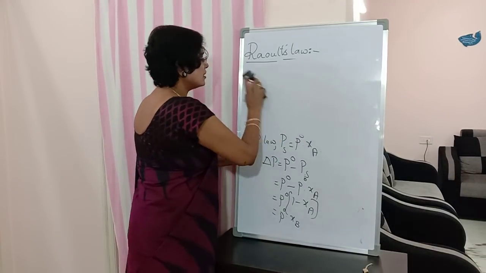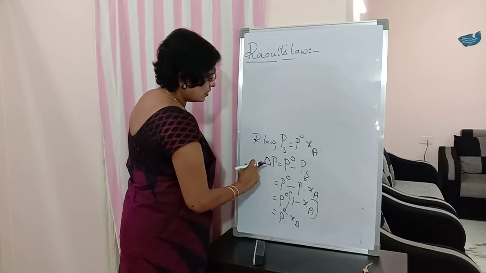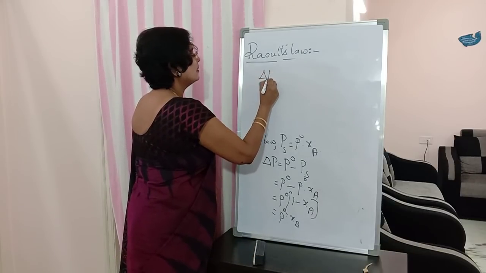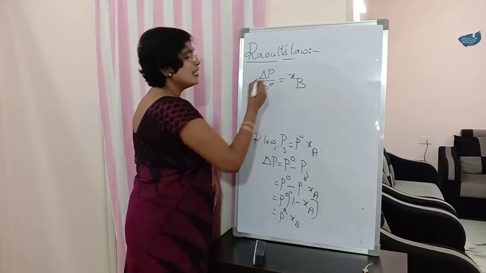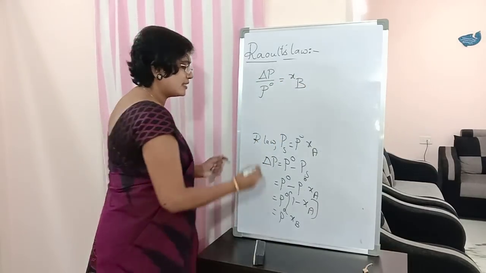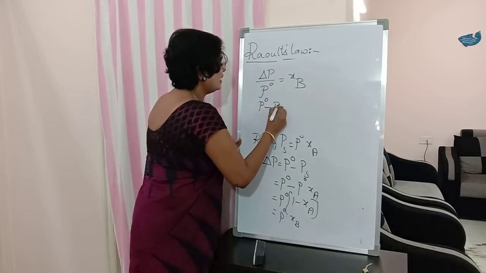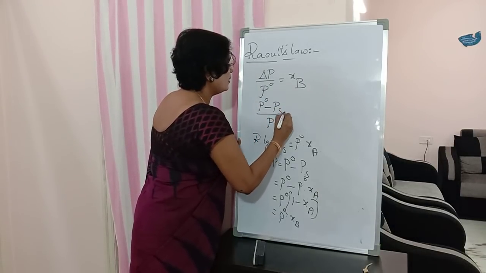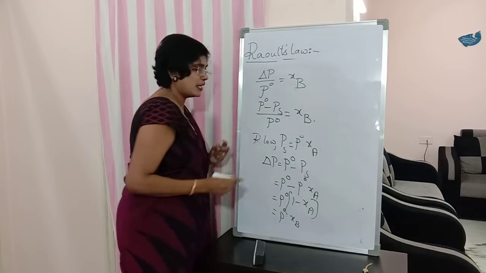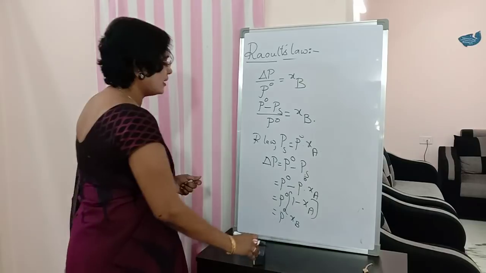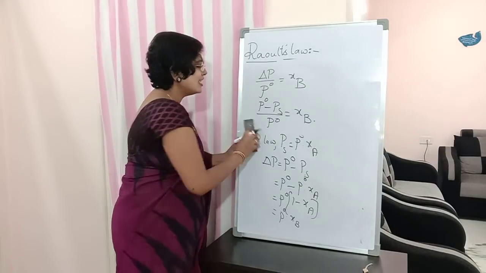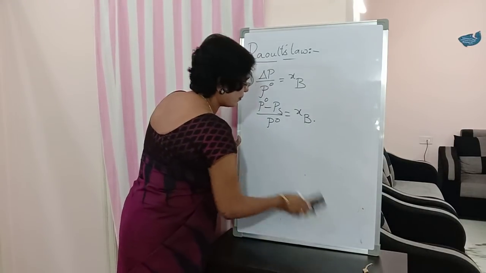If there is any doubt, please carefully listen. So now next we have done delta P by P naught is equal to XB. But we know delta P is P naught minus Ps by P naught is equal to XB. What is P naught minus Ps by P naught called as, students? It is called as relative lowering of vapor pressure.